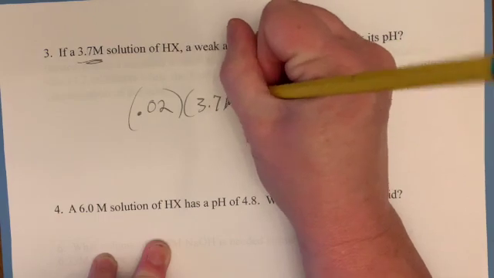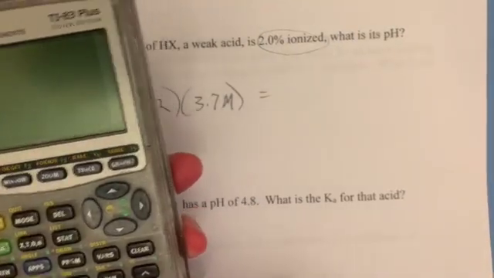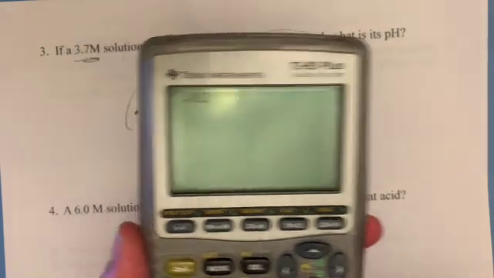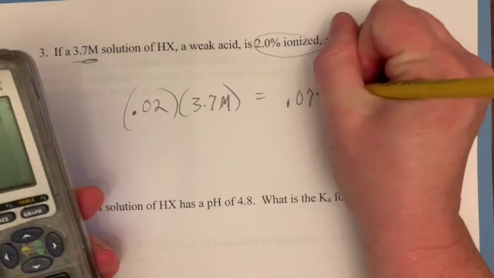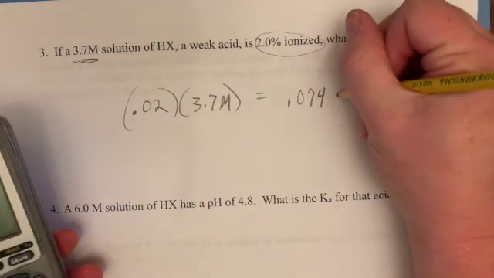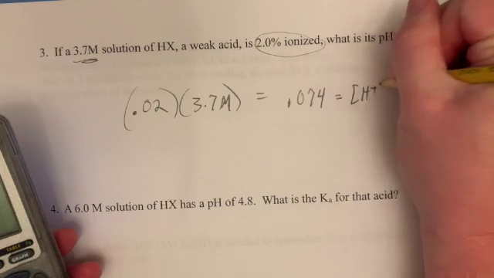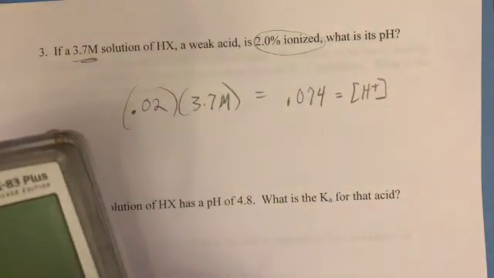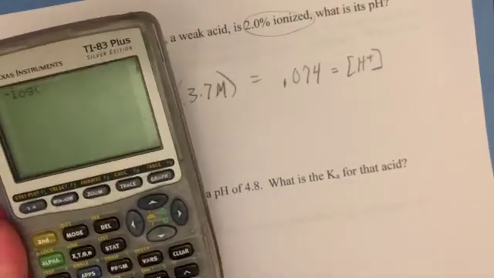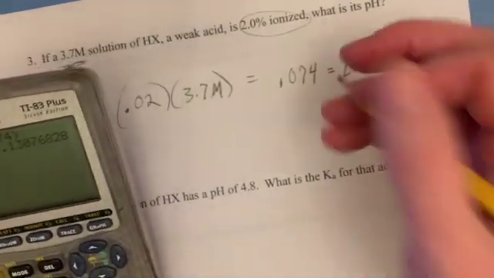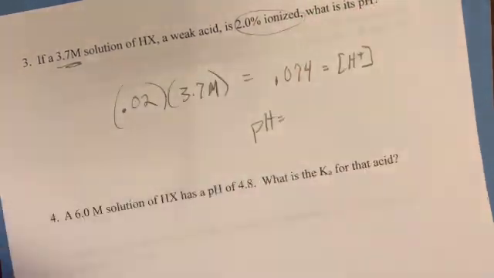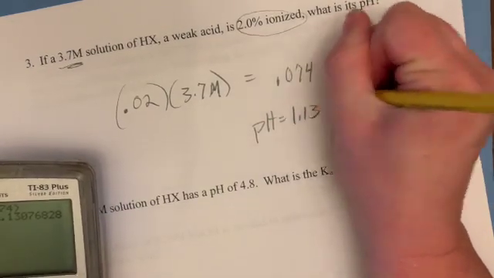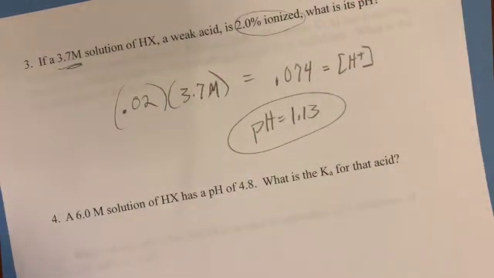That's a capital M. When I do that, 0.02 times 3.7 gives me 0.074. And what does that mean? Well, that is the hydrogen ion concentration. So I'm simply going to do the negative log of that. Negative log 0.074, close that out, and my pH is 1.13. So nice, easy, short problem for you though.